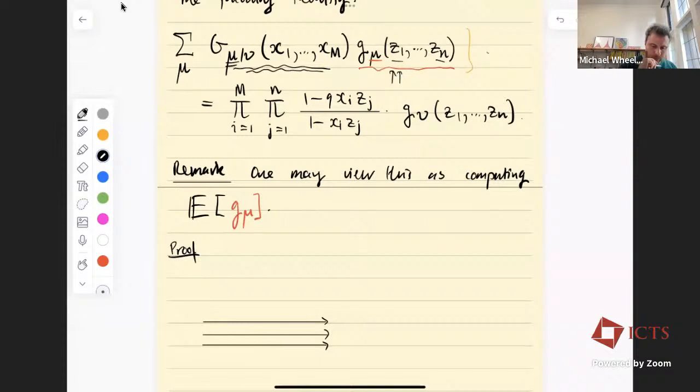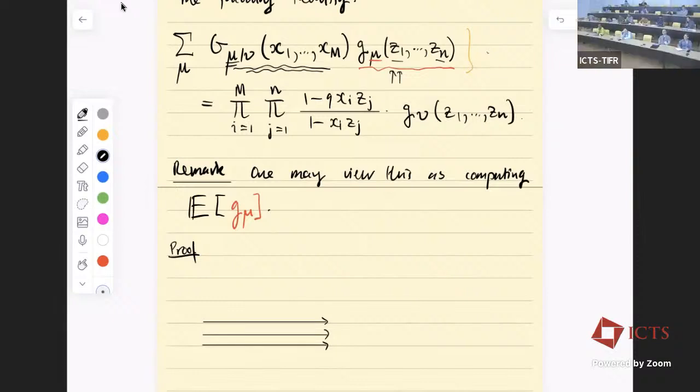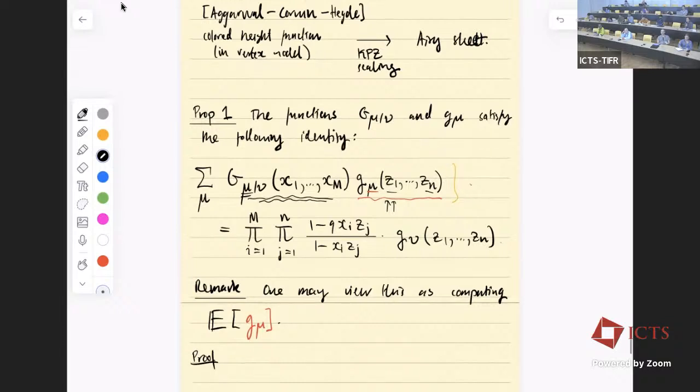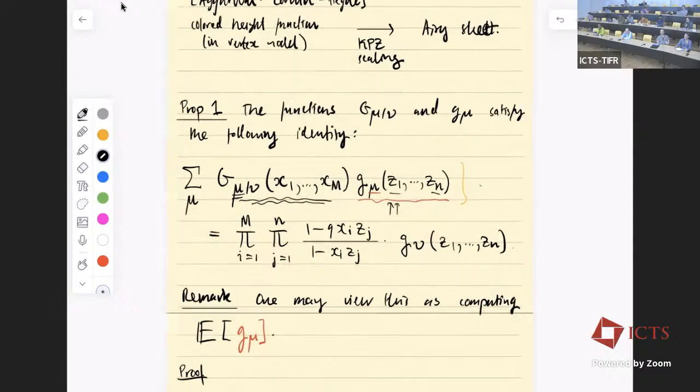Excuse me? Yes? So can I ask you about proposition 1? So what is the size of mu and nu? Maybe I misunderstand, but is the size of x and z different? That's correct.